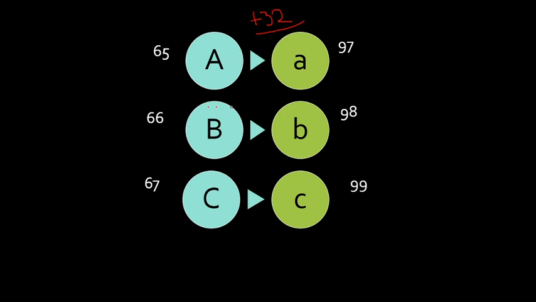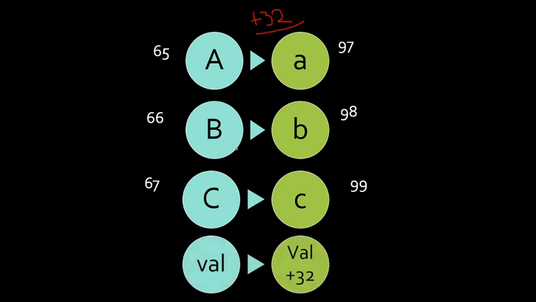What do you observe again? How much is added? 32 is added. So in all the cases, if you have to convert from uppercase to lowercase, what should you do? Add 32. Is it clear for all of you? So to convert from upper to lower, take the ASCII value, and that ASCII value plus 32 will give you the right answer. Is the conversion clear? We'll implement it now.